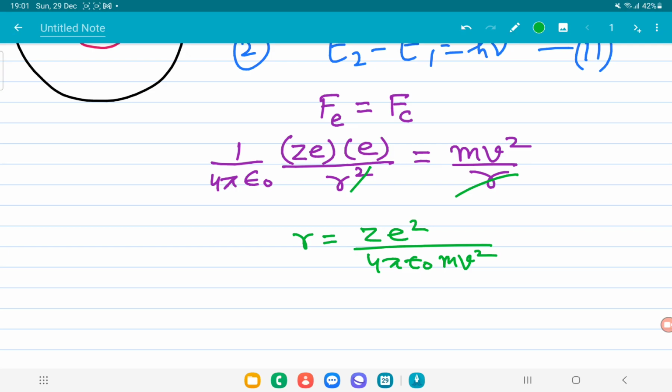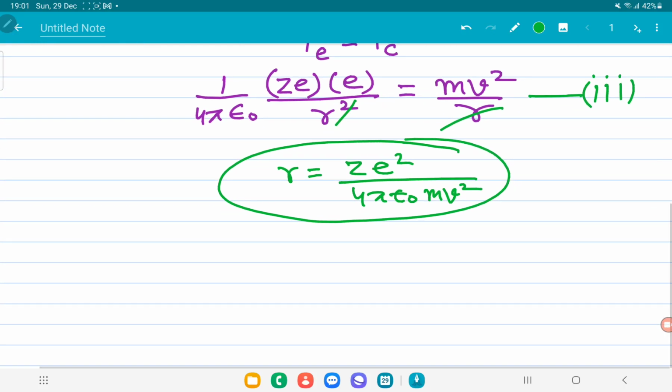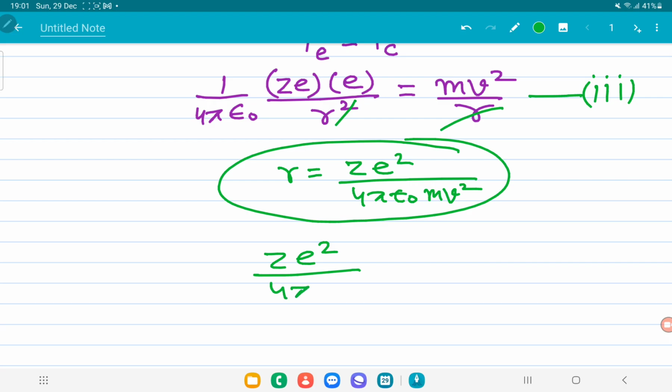We may further write this equation in a better manner as equation number 3. Rearranging the terms, Ze square over 4 pi epsilon naught equals mvr into v.